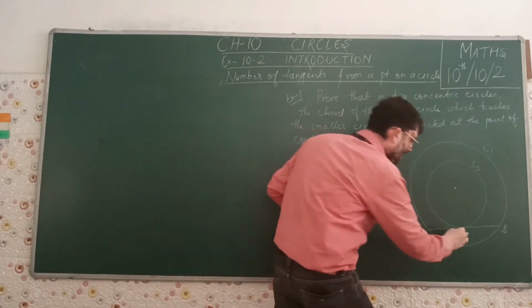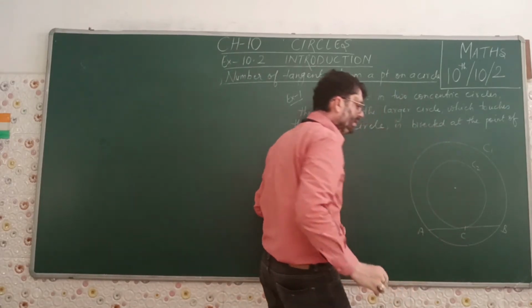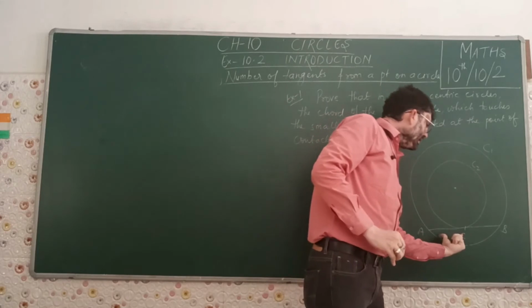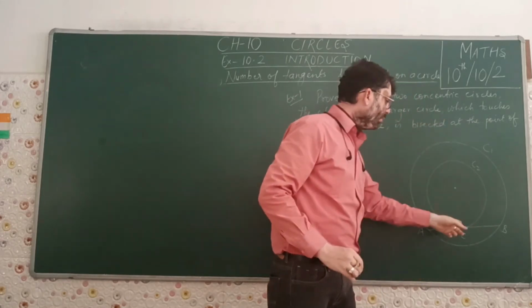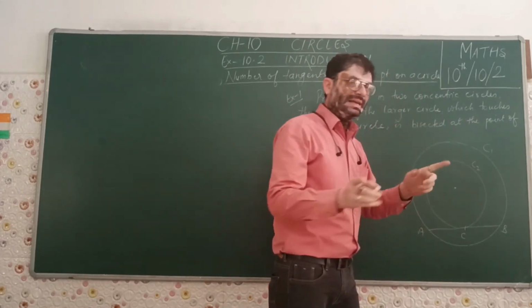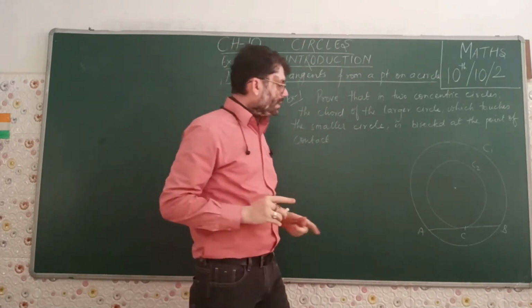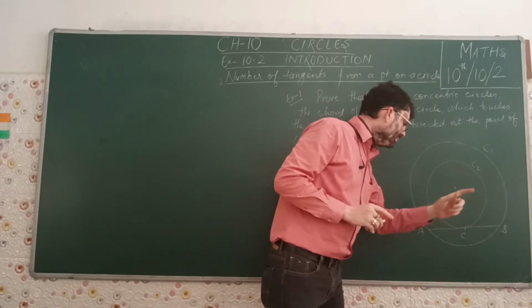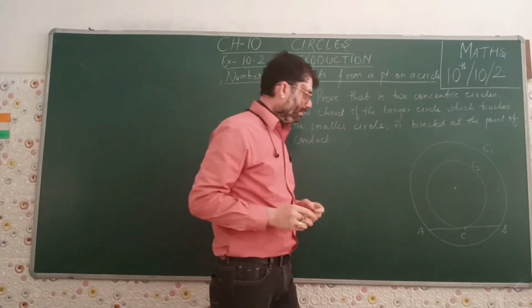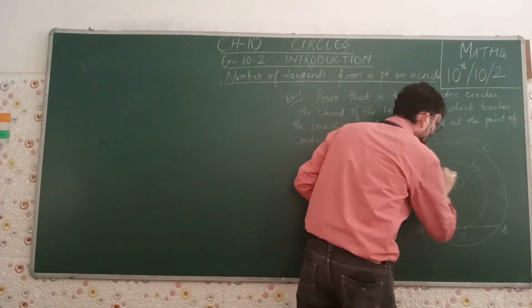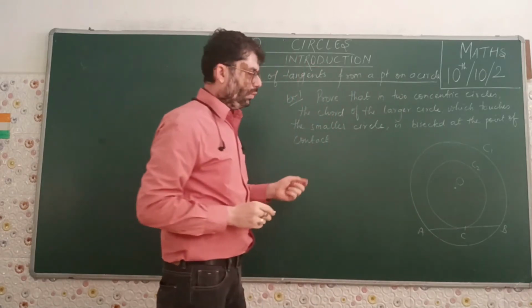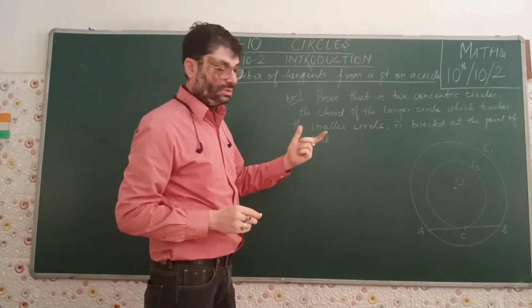So the point of contact here is say C, and we need to prove that AC is equal to BC. At the point of contact, that chord is bisected. Bisected means it is divided into two equal parts. So we have to prove that C is the midpoint of AB. The two concentric circles have a common center O. We have to prove AC is equal to BC.